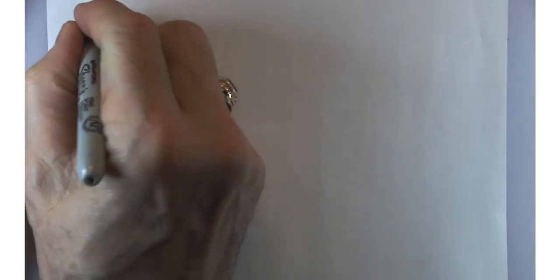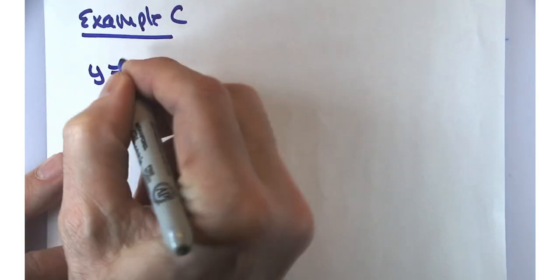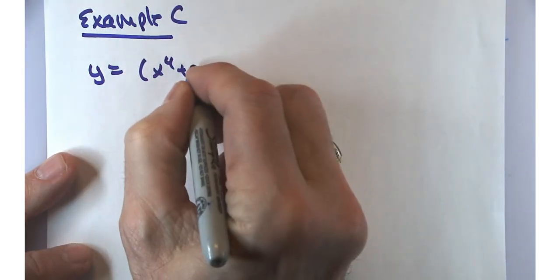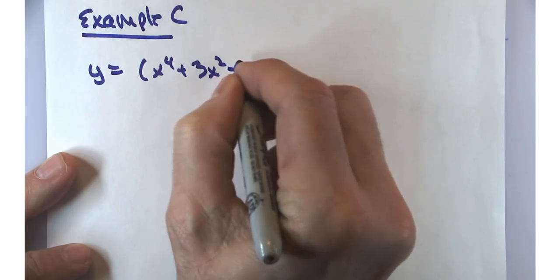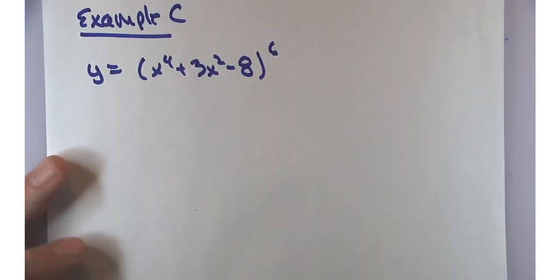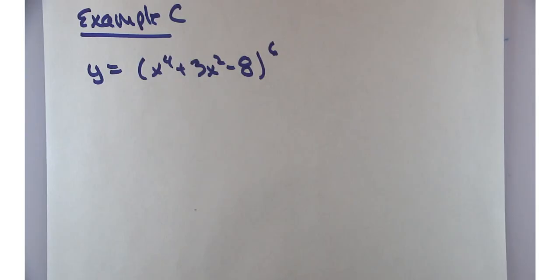So starting with example C, let's try and just do the derivative of the outside times the derivative of the inside. Example C, y equals x to the 4th plus 3x squared minus 8 to the 6th power. Now you can be thankful we have the chain rule here.